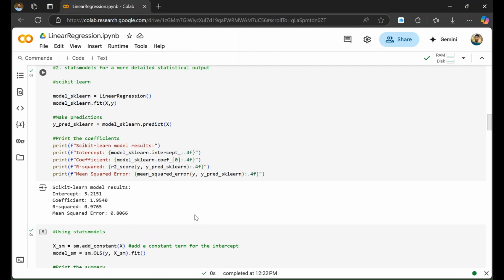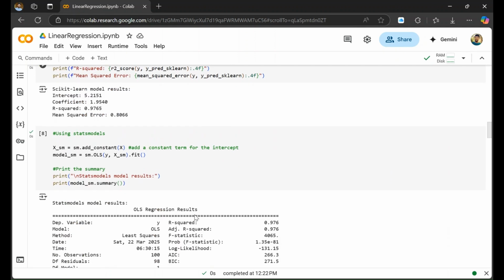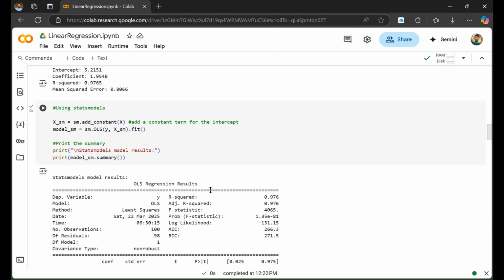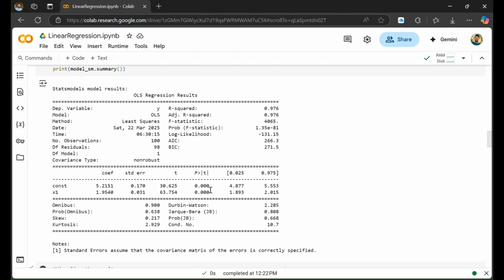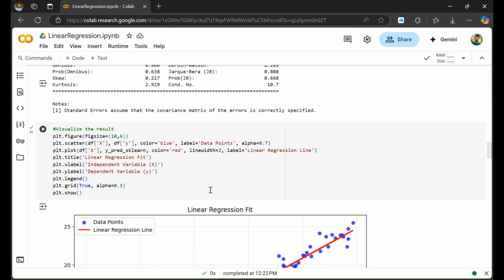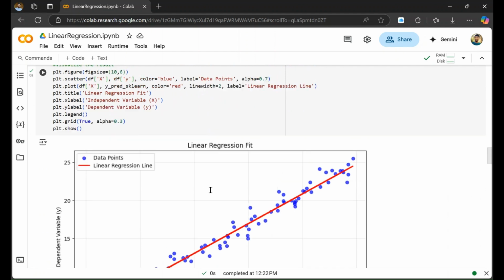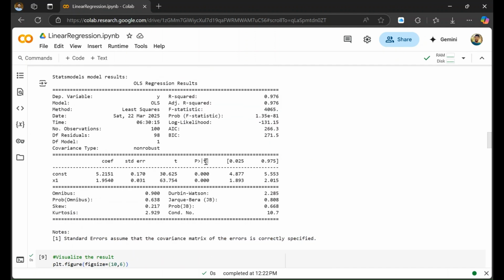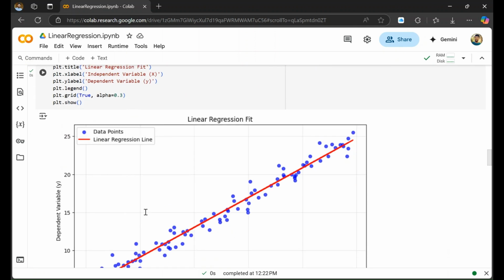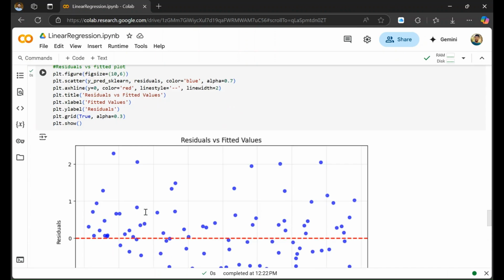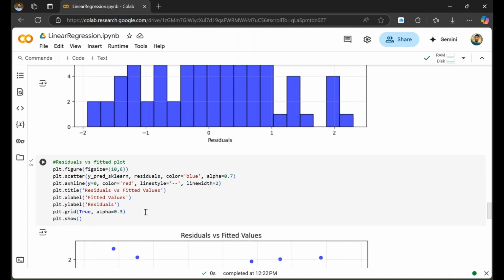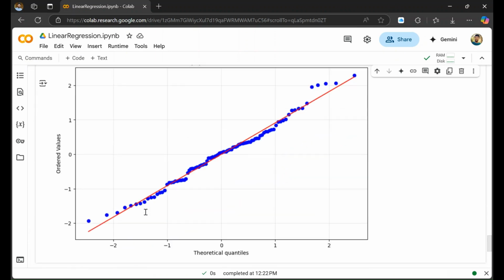Scikit-learn gives us a quick implementation, and Statsmodels gives us detailed output. Then we interpreted the output, each and every term, including coefficients, statistical significance, and all the other diagnostic measures. And then we analyzed the residuals to check our model assumptions.